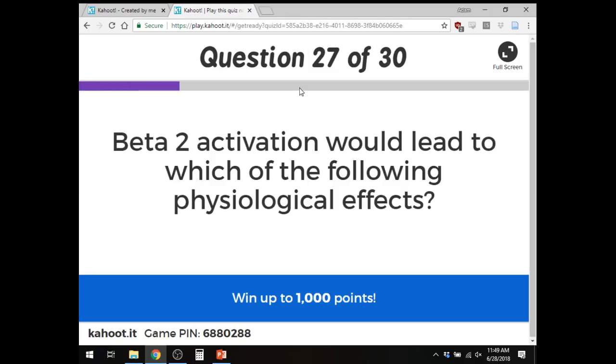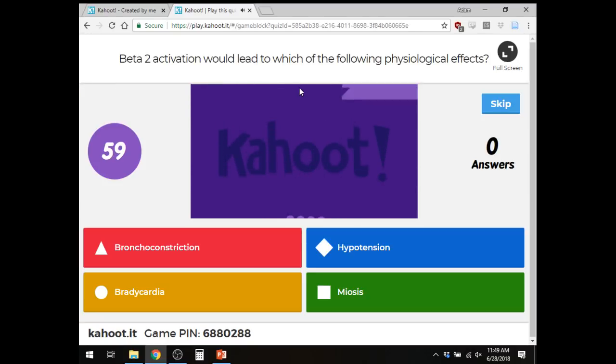Beta 2 activation would lead to which of the following physiologic effects? So beta 2. Bronchoconstriction, hypotension, miosis, bradycardia.